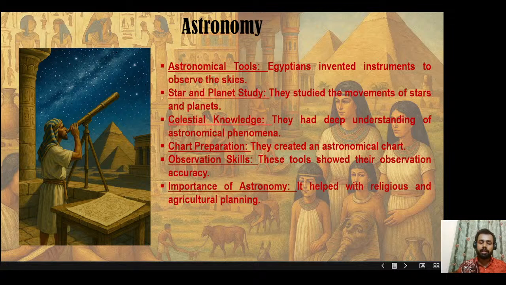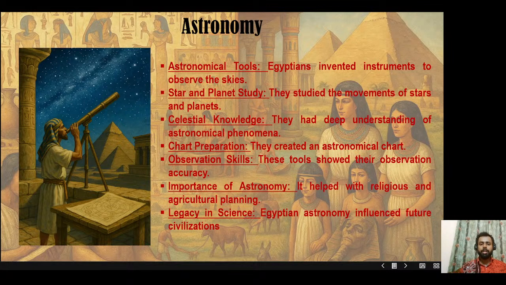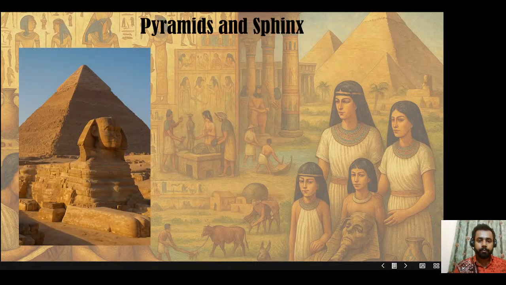So with all these things, they could plan the religious functions, when to organize the religious functions, and also when to do the agricultural activities. Egyptian astronomy influenced future civilizations. So other civilizations understood the astronomical aspects of the Egyptians and they could make innovations in their own way.